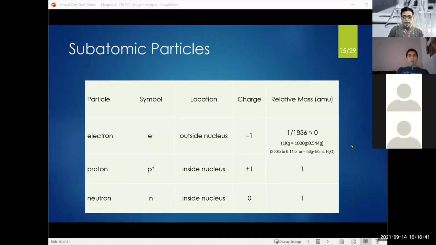The basic structure is that there's a nucleus in the atom in which the proton and the neutron exist, and the electron is just around the nucleus. We will find in the next chapter that the electron actually is in very specific energy levels.